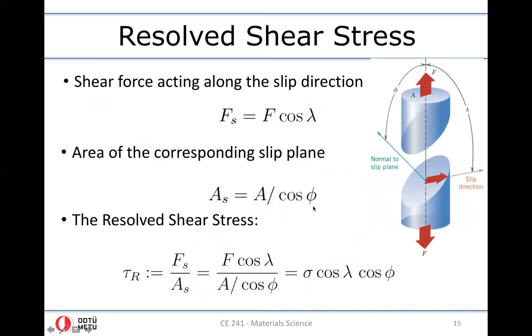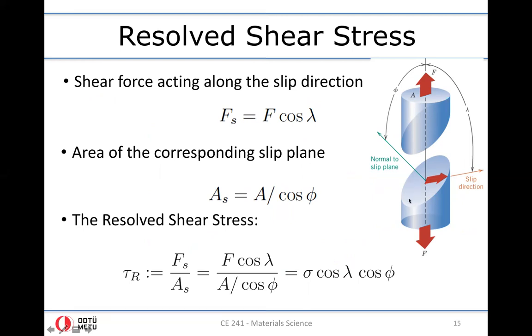So the same thing is explained here. Again, the shear force acting along the slip direction can be calculated by projecting the force onto the slip direction, which you do by multiplying the force with the cosine of the angle lambda, which is the angle between the direction of the force and the slip direction.